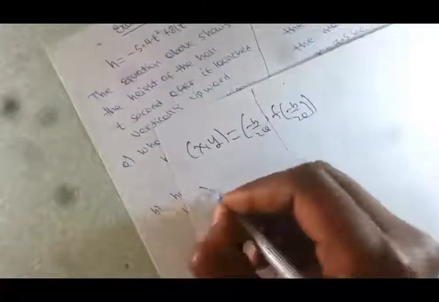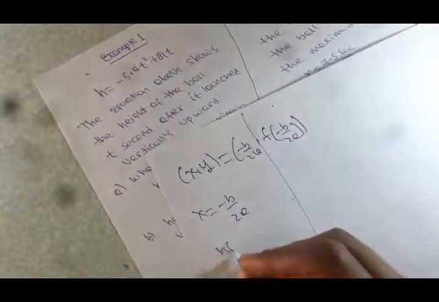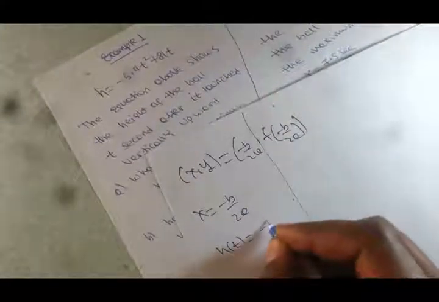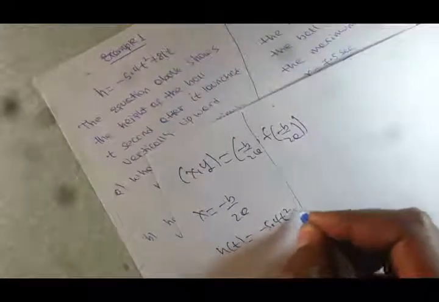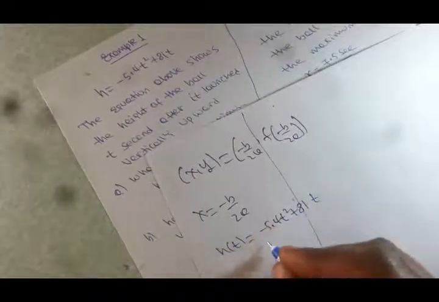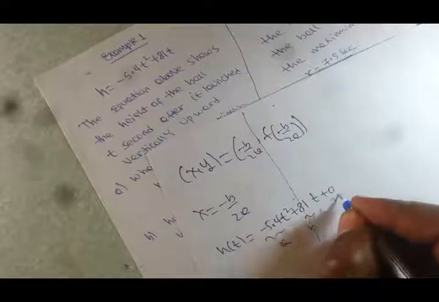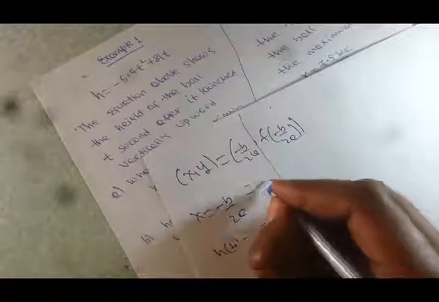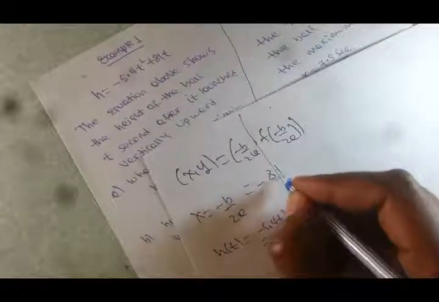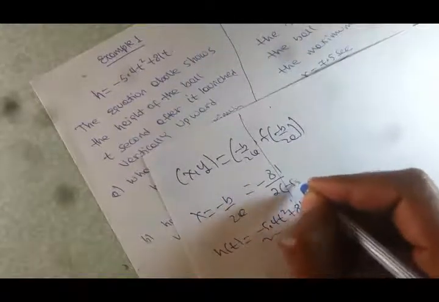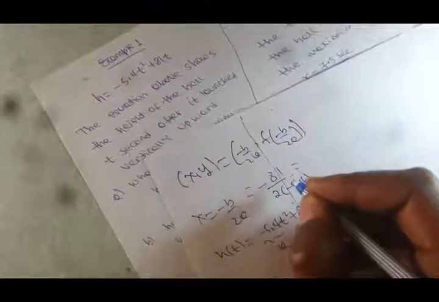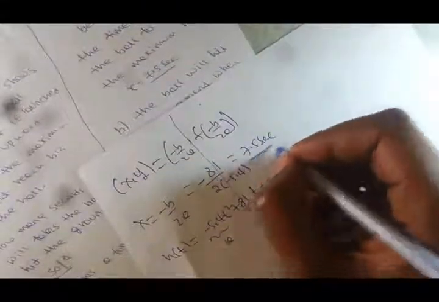So x is equal to minus b over 2a, and our equation is h of t is equal to minus 5.4 t square plus 81t. So this is the value of a, this is the value of b, and the value of c is 0. Therefore minus 81 over 2 times minus 5.4 is equal to 7.5 seconds.